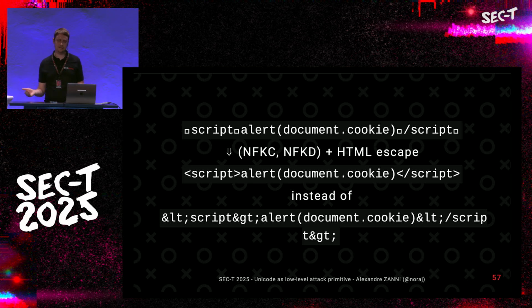So if it's inserted like that in the code, nothing will be executed because it's not valid HTML. But if later in the code the NFKC or NFKD normalization form is applied, then these special Unicode characters will be transformed back into the opening and closing HTML tags. So you will get your XSS and have successfully bypassed the escaping mechanism.